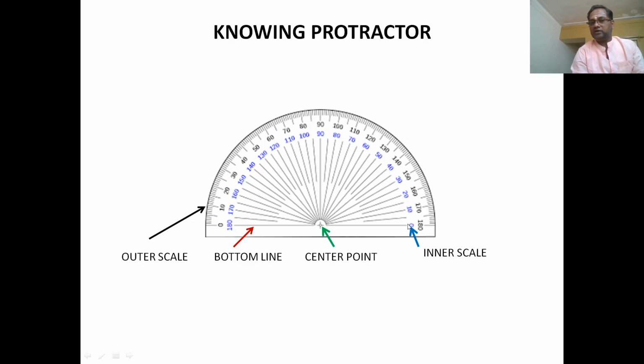It starts from right towards left in this way. So remember, children, we have a bottom line, the center of the bottom line, an outer scale and an inner scale to measure the angles.